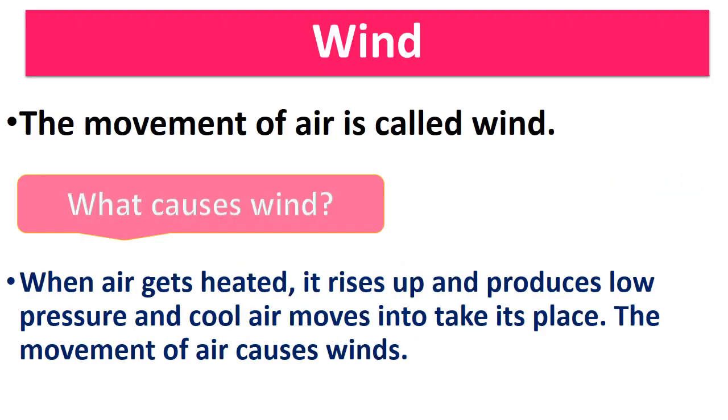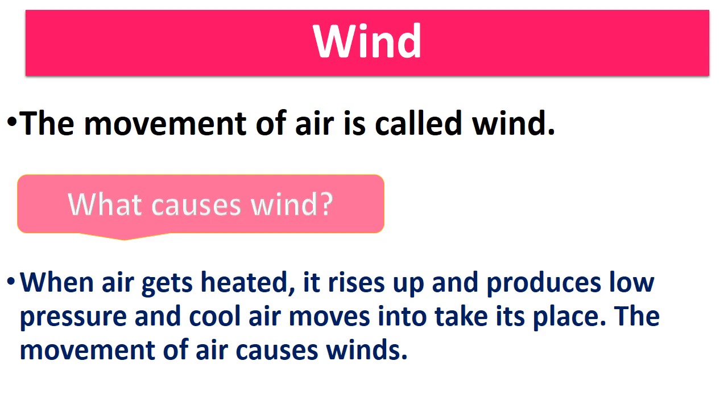Your next topic is wind. What is wind? The movement of air is called wind. Okay? What causes wind? When air gets heated, it rises up and produces low pressure, and cool air moves in to take its place. This movement of air causes wind.